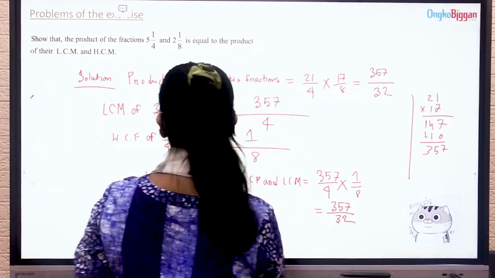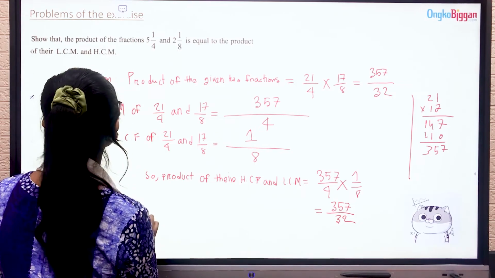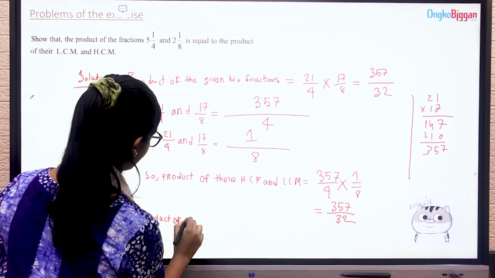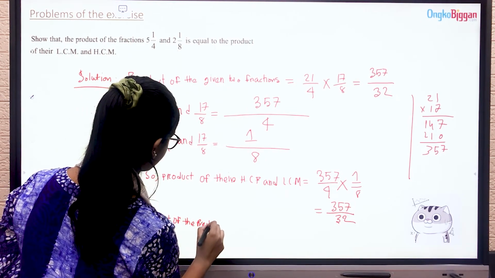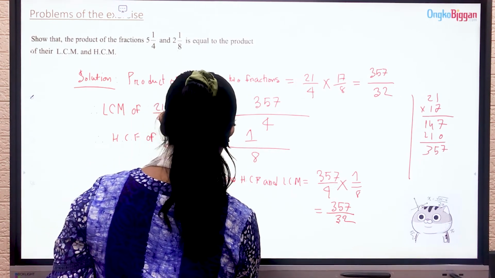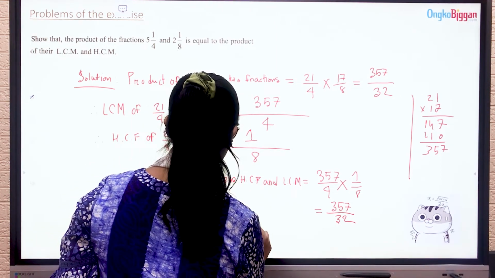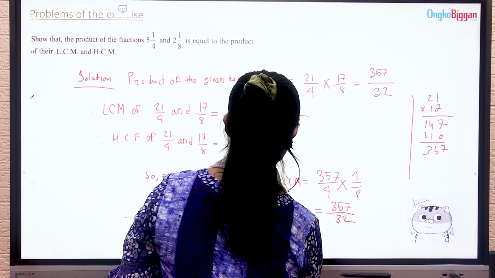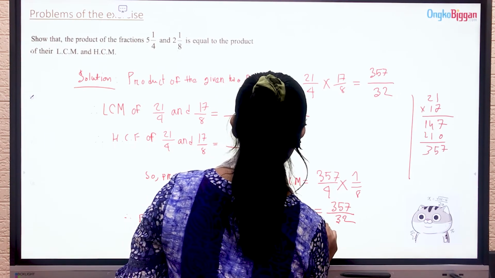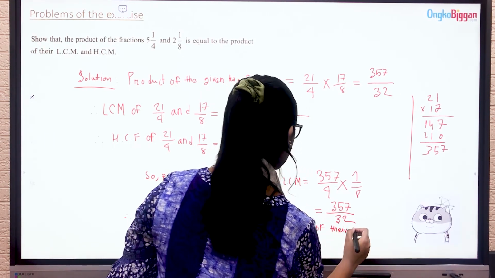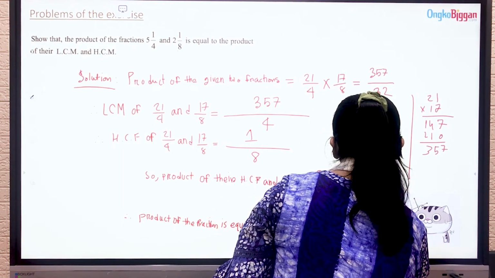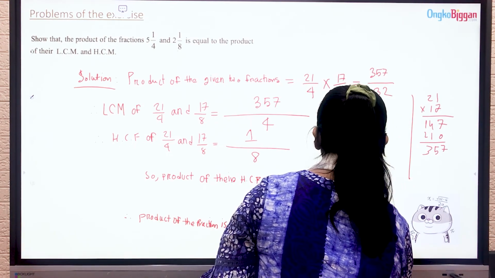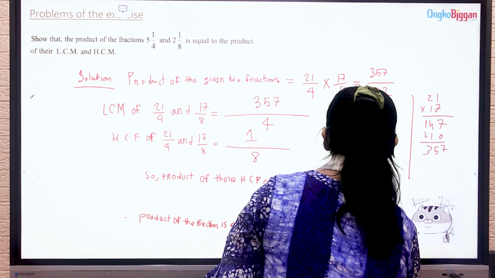Therefore, product of the fractions is equal to the product of their LCM and HCF, that is 357 by 32.